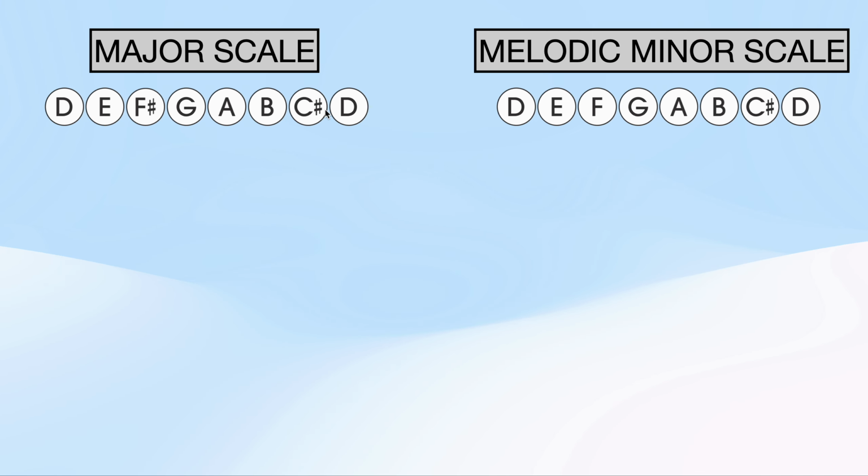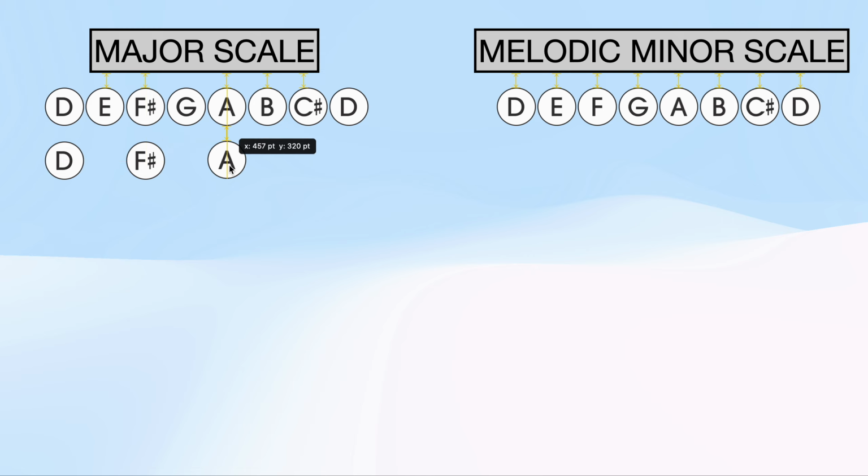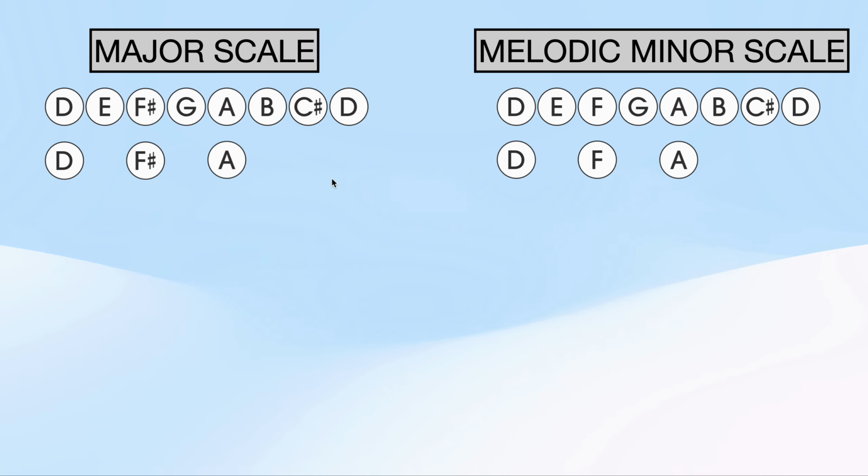Here we have side by side the D major scale and the D melodic minor scale. If we break these off into triads, we'll see that there's a lot of common chords between the two. Of course, the first chord is going to be different: the D minor in the melodic minor scale, and the D major in the D major scale.